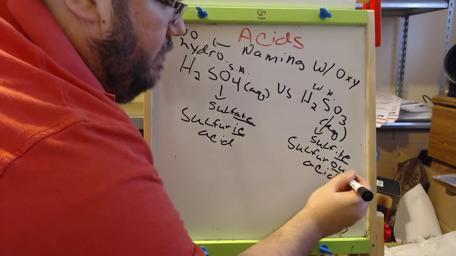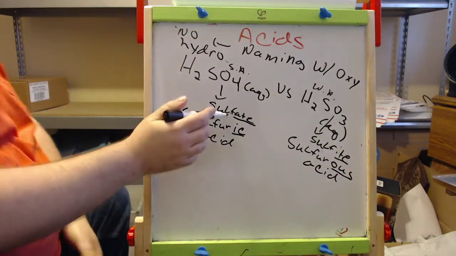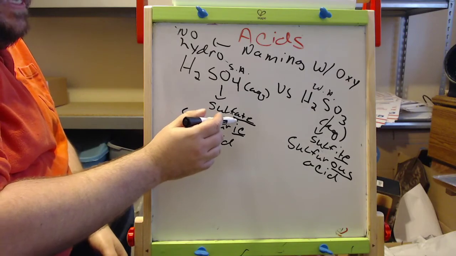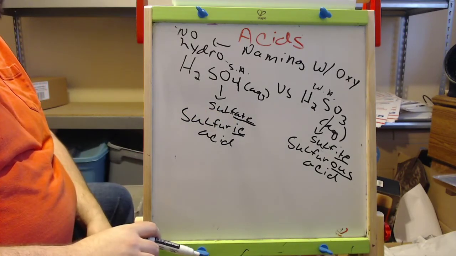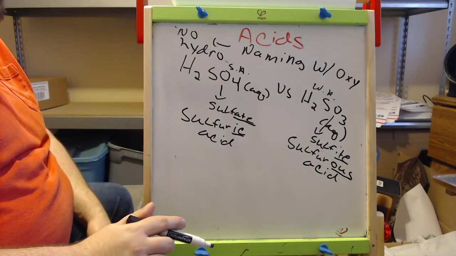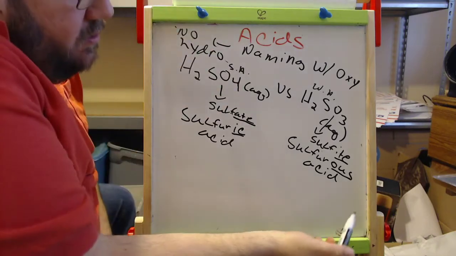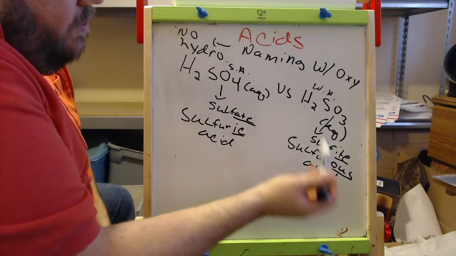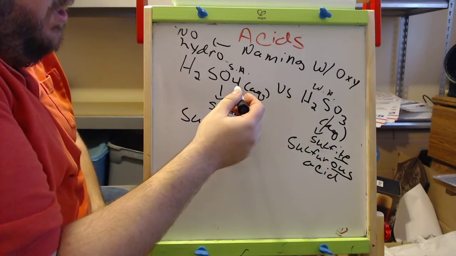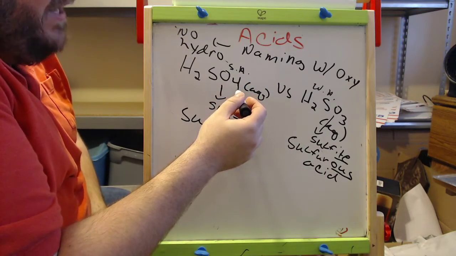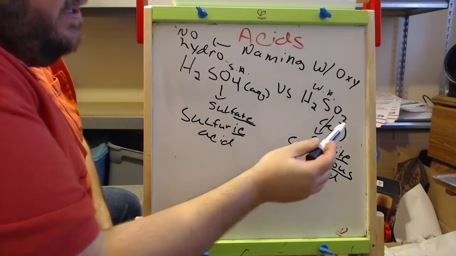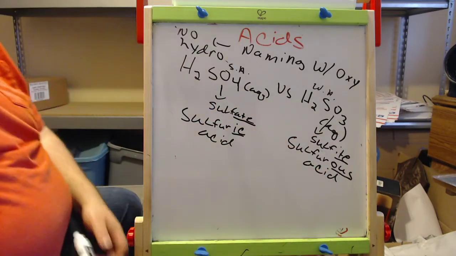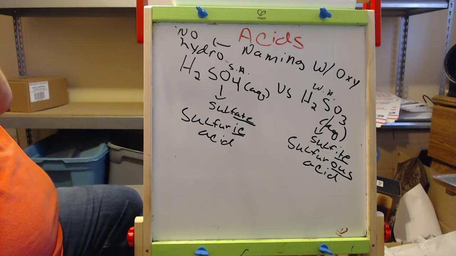The way I remember is, ate, I ate too much, ic, which we've all probably been doing since we've been stuck in the house. Or you could say the one with the more oxygen, the higher oxygen number, high i, lower o, however you want to remember it.